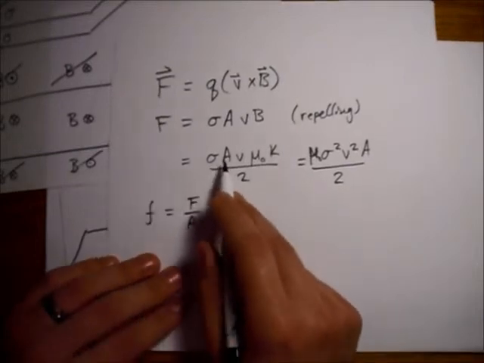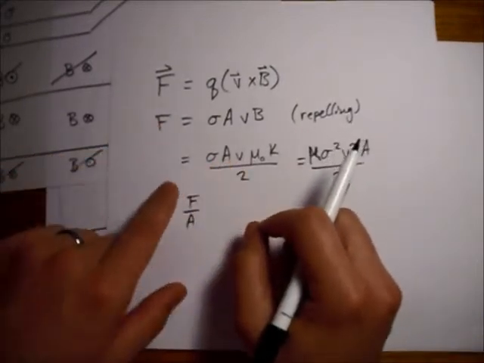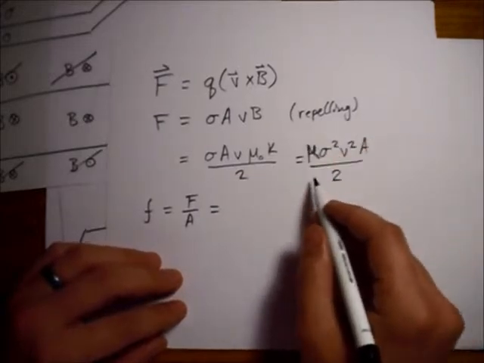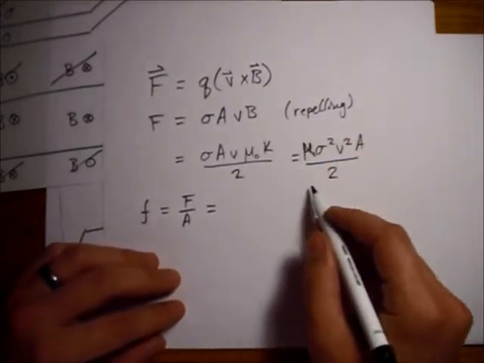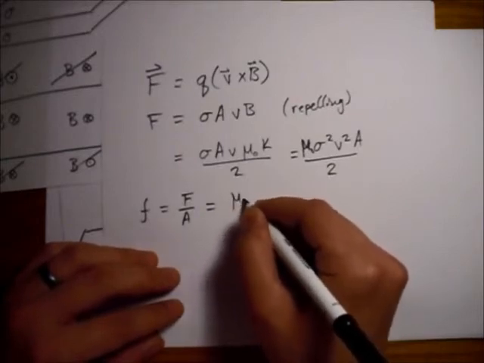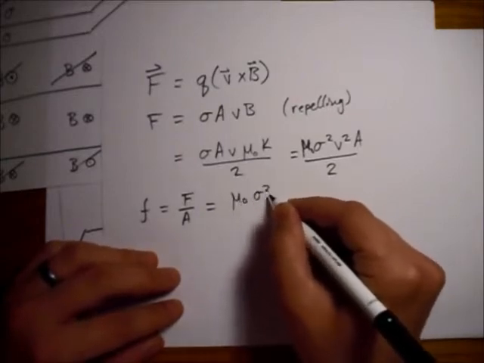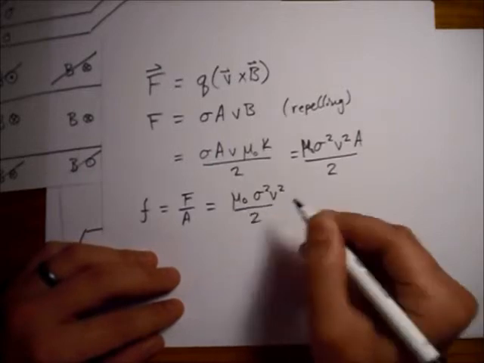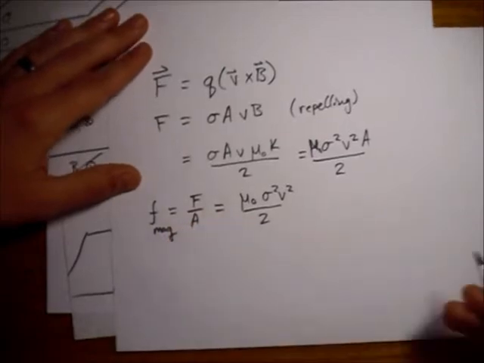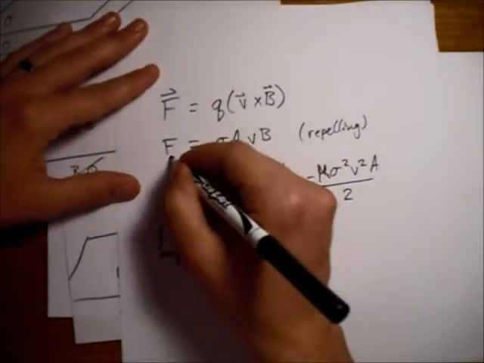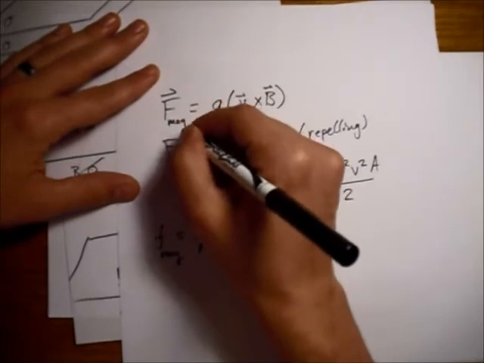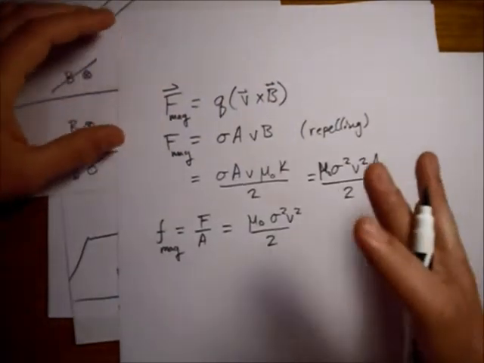And to get that, we just divide by A on both sides. And let's just use this version real quick. So mu naught sigma squared V squared over 2. And let me write a little mag on this. We remember we're looking at the magnetic contribution to the force, or the total force.